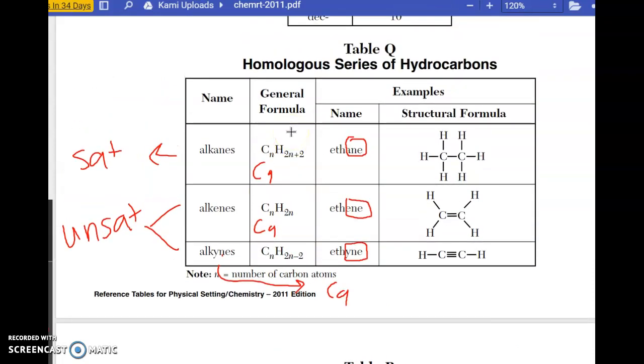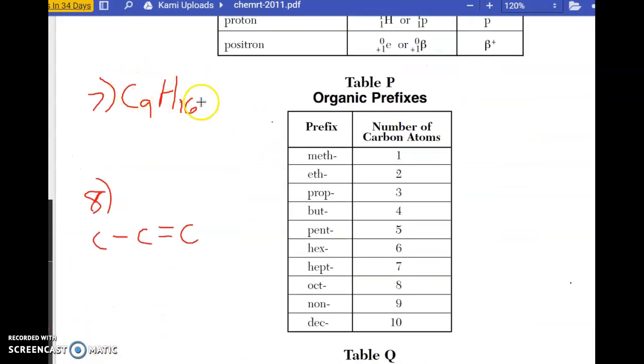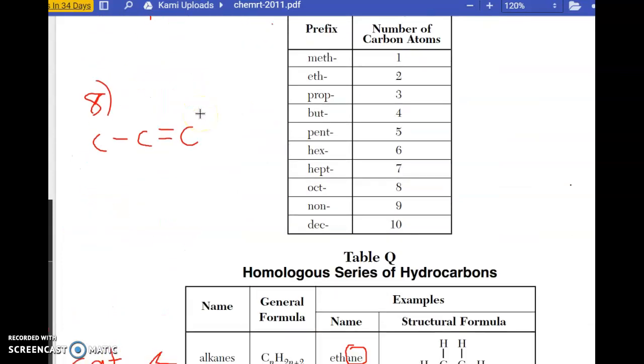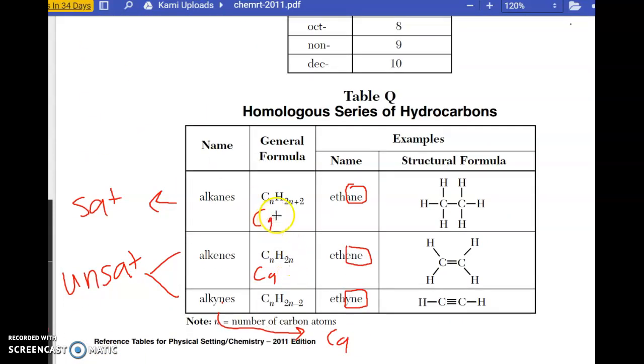So we need to figure out whether the number of hydrogens this general formula gives matches how many hydrogens are up here. We know our N is 9, so we have to figure out how many hydrogens we would have if it was an alkane.